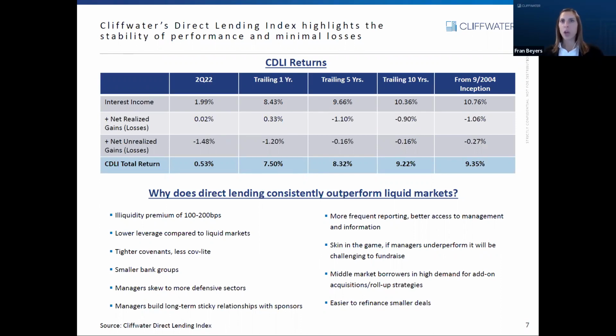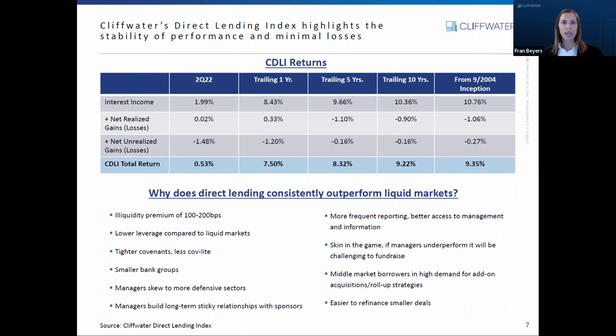They aren't actual losses. Marks in direct lending take into account both the financial health of the borrower and also changes in spreads in the new issue market. Then you have realized losses, which are actual losses running through the direct lender's financials. So maybe a lender sells a loan at a loss, or a loan defaults and the recovery rate was less than par. If you add up all 3 of these components, you get your total return.